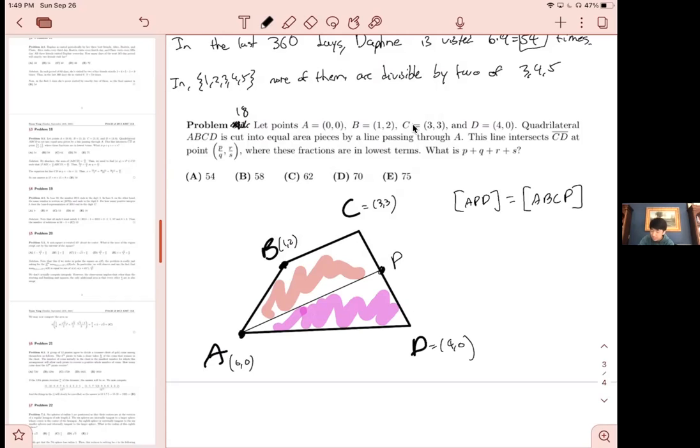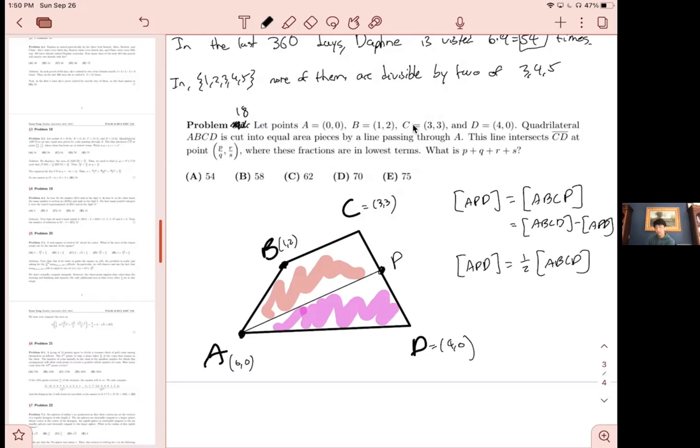But ABCP is kind of hard to find the area of. So we instead use the fact that ABCP equals ABCD minus APD. So yeah, we're just solving the equation APD equals 1/2 of the total area.